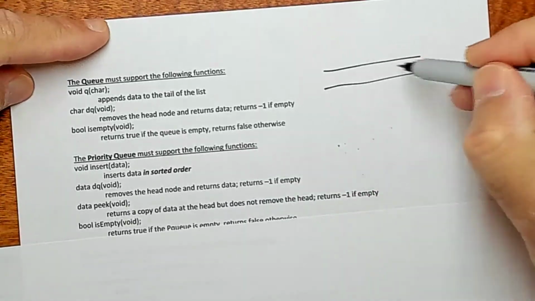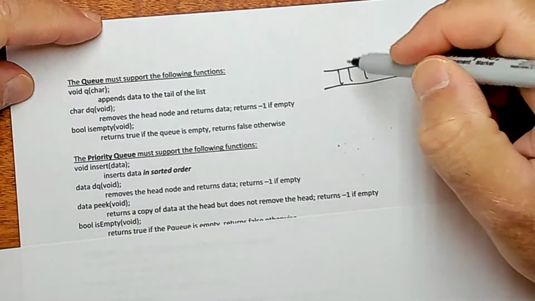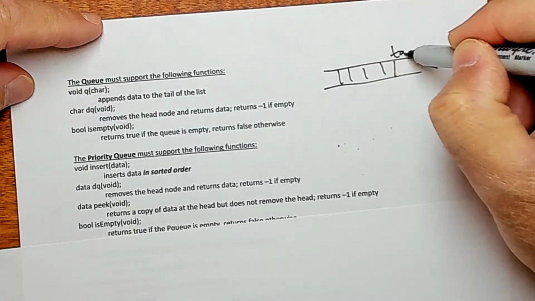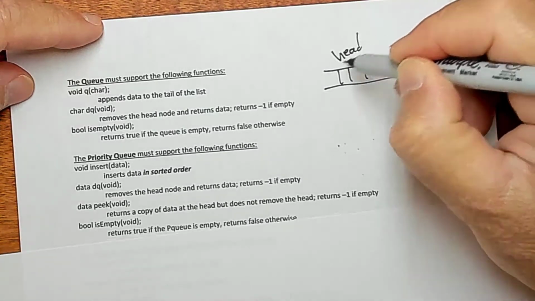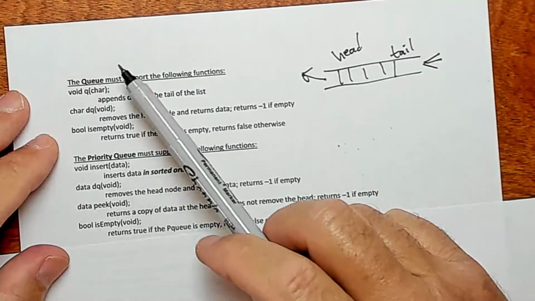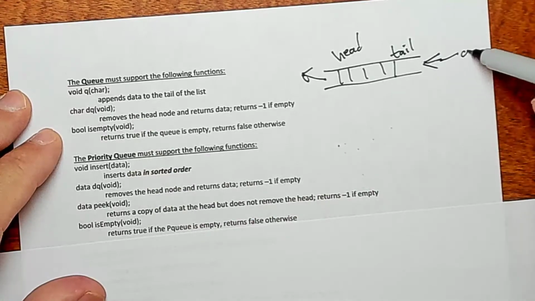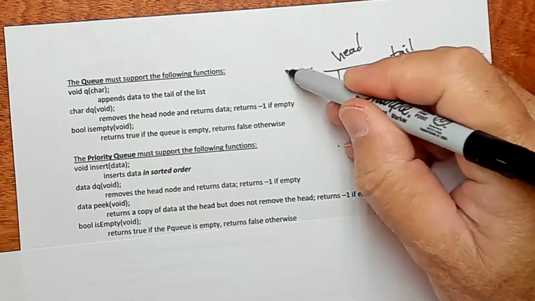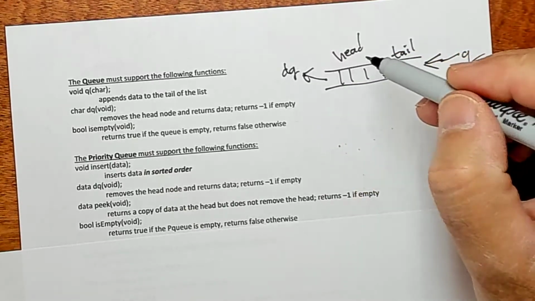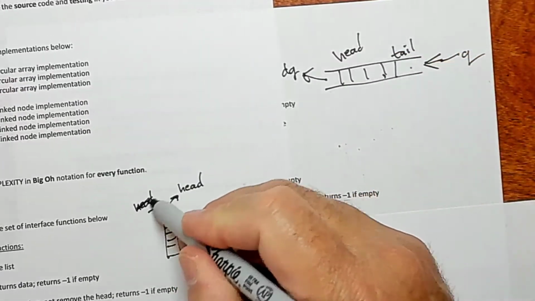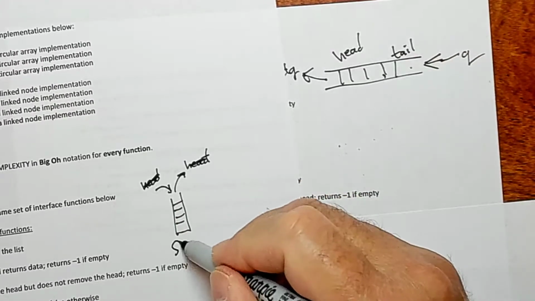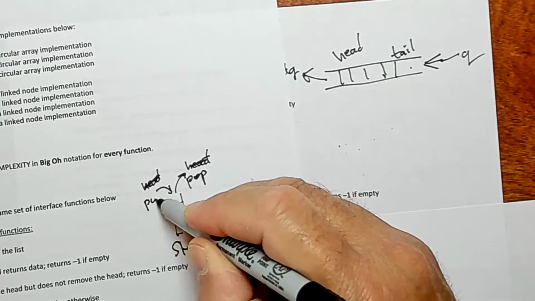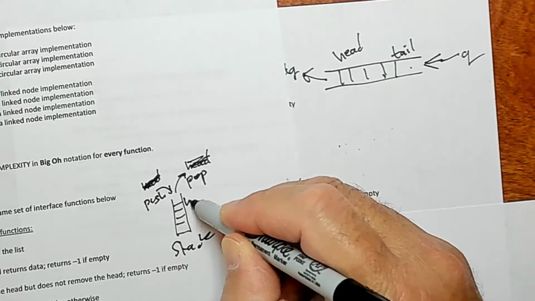Now a queue, you're going to append to the tail, and then at the head you're going to dequeue. So you have a queue operation that appends to the tail, and then a dequeue operation that removes from the head. So I probably could have drawn this a little bit different. For the stack, you're going to pop and push, but both of those operations are going to happen at the head.